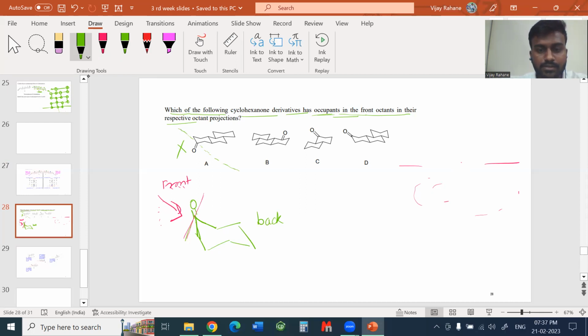In this second one, on the leg, if you pass a plane, the plane will be like this. I will just zoom the structure a little so you can visualize it easily.